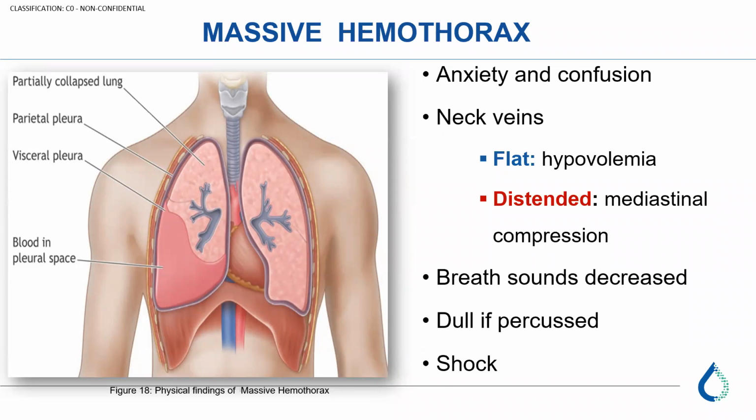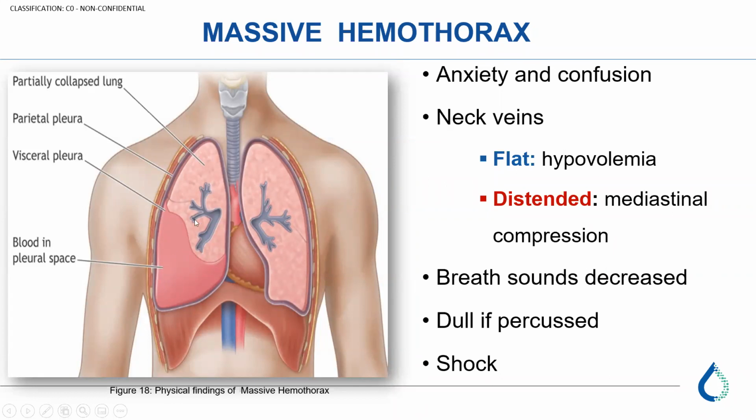So what are the signs and symptoms? Anxiety and confusion. The neck veins, you might be wondering, why is it flat and distended at the same time? Flat if severe blood loss, it's a sign of hypovolemia. And distended, look at figure 18 going back. Just follow my cursor.